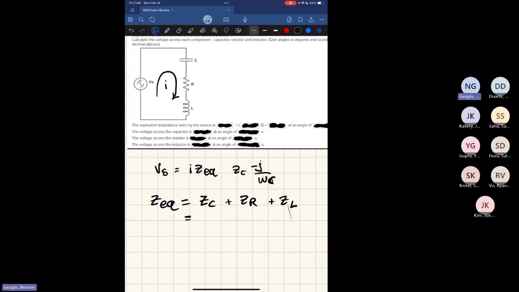That can also be written as 1 over jwC. It's just because when you have a negative j, you can flip where it is. So I would prefer writing it down like this. ZR is just the value of R. And for ZL, for the inductor, that's just jwL.